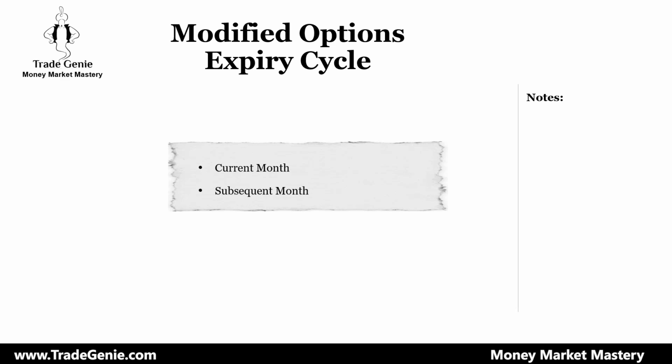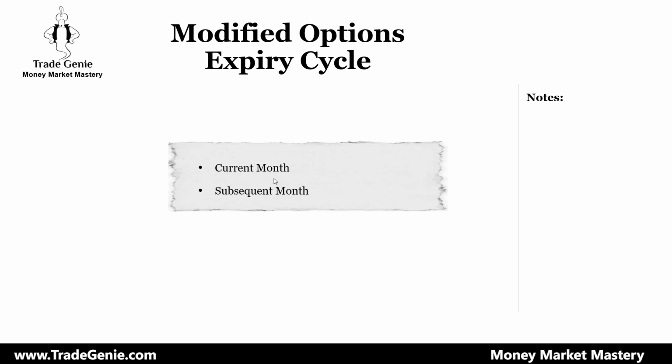But then they said, no, from the current month, let's say if it's August, we are jumping into October or November or December, we need a smooth transition. So they said the subsequent month will also be added automatically. So the current month and subsequent month concept comes through something they implemented called the modified option expiry cycle.